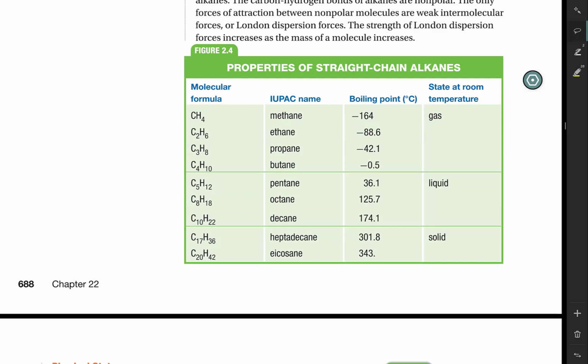Also on page 688, you have the names of the alkanes. The first four alkanes are very famous. We use them for cooking and for warming our houses. So these are another example for alkane.